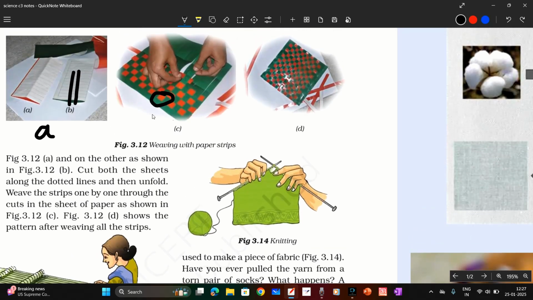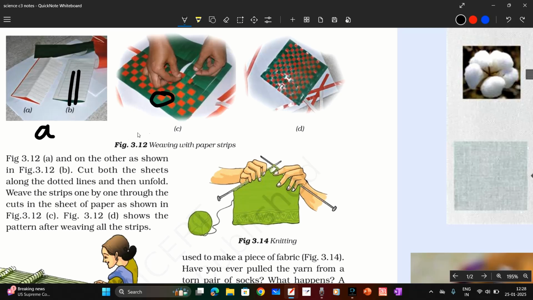After folding, it will look like this. Cut both the sheets along the dotted lines and then unfold, meaning you remove the folds and make a straight paper. And then weave the strips one by one through the cuts in the sheet of paper, as shown in Figure 3.12.